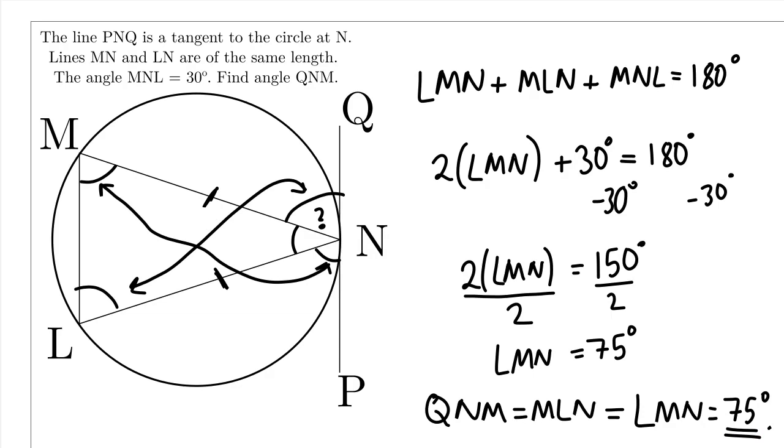And your reasoning for this would be, for this equation, the reason is angles in a triangle add up to 180. And the reason for this one would be alternate segment theorem. And that's it.